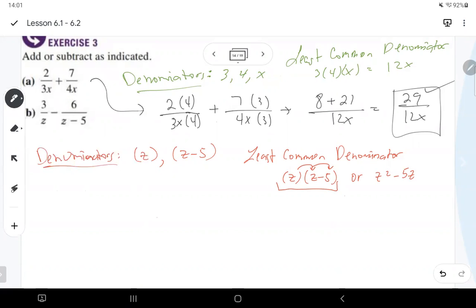So here we have 3 over z, and what we're missing is the z minus 5. So if I multiply the bottom by z minus 5, I have to multiply the top by z minus 5.